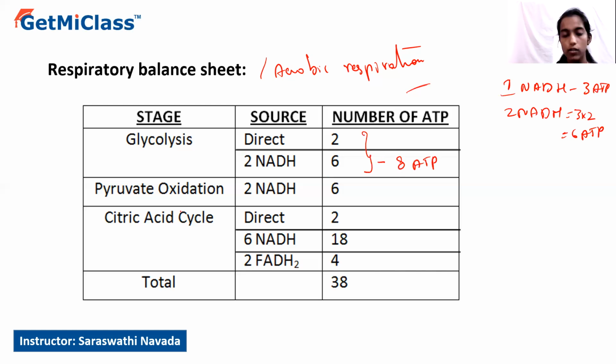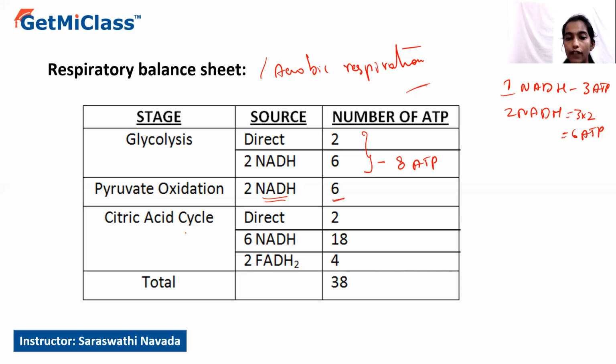And next is the preparatory step, or pyruvate oxidation, that is before the pyruvic acid is transported to the mitochondrial matrix. It undergoes oxidation to form acetyl coenzyme A. During this step again, 2 NADH molecules will be formed, which gives rise to 6 molecules of ATP.